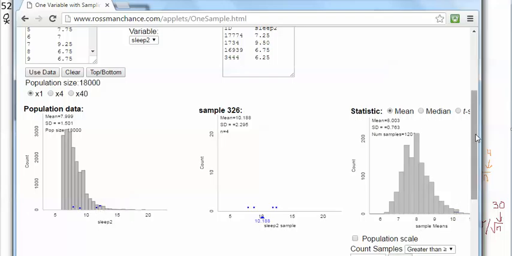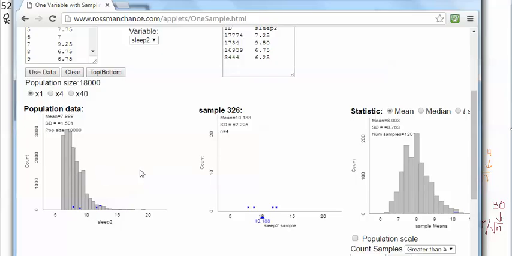Now, one last point I wanted to make is that if you're taking a big sample from a skewed population, the sampling distribution no longer follows the shape of the population. If you're taking a sample of generally at least 30 from a skewed population, the sampling distribution will follow a normal distribution over here, even though the population is skewed.